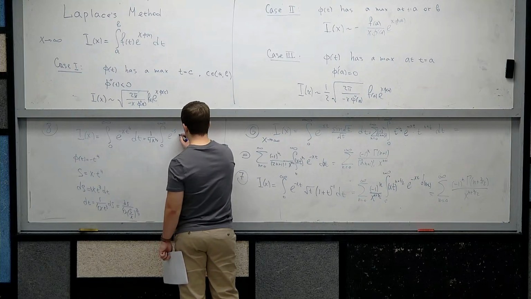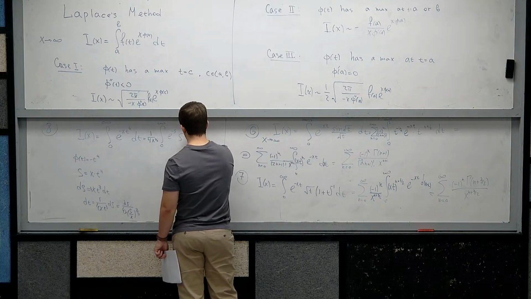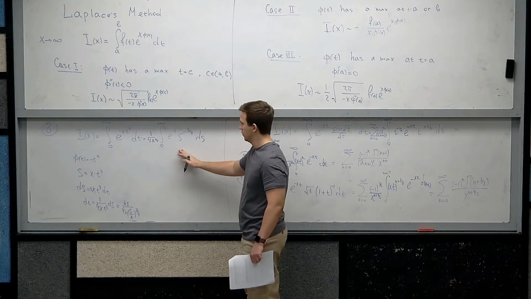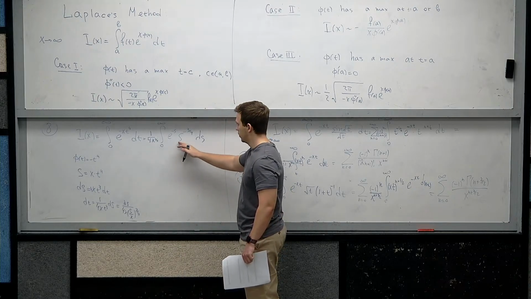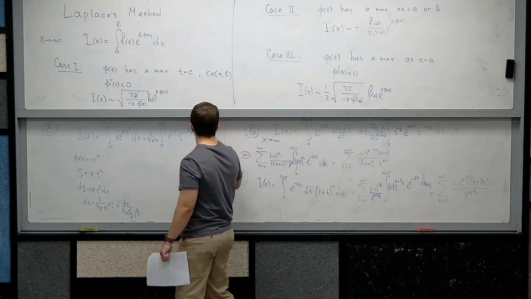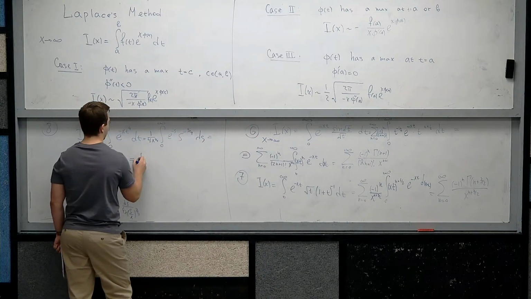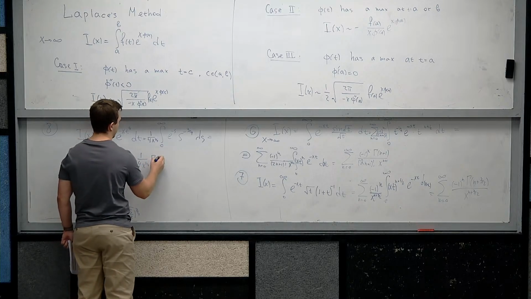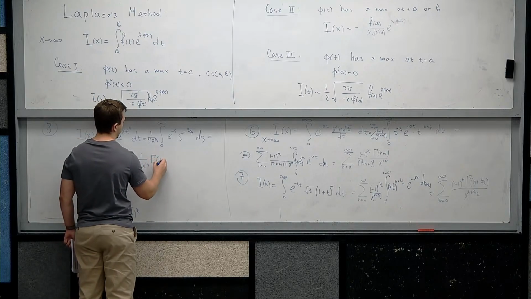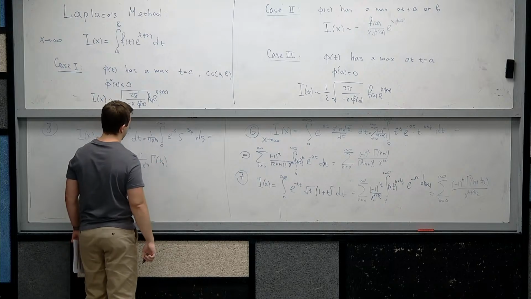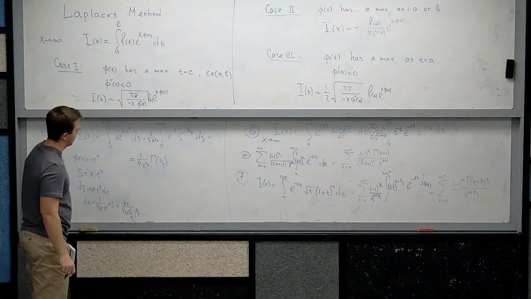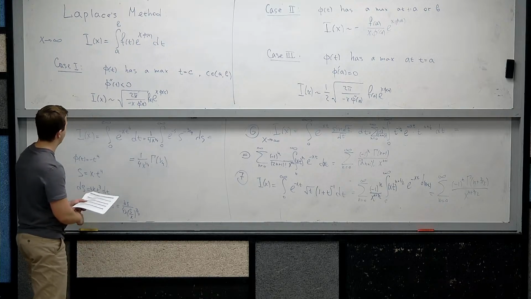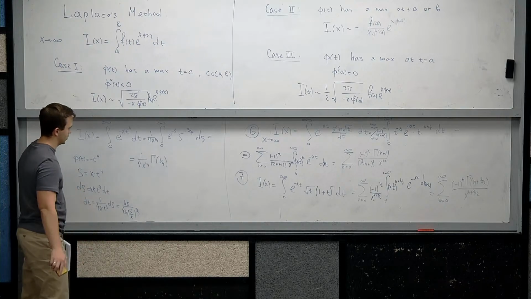Here we have s to the minus 3 over 4 ds. This is gamma of 1 over 4. Yeah, that's the exact solution, not even the expansion.